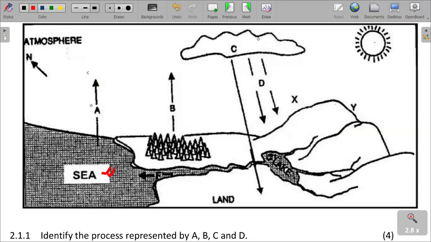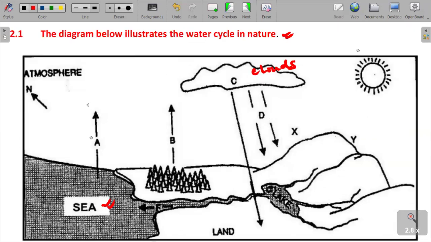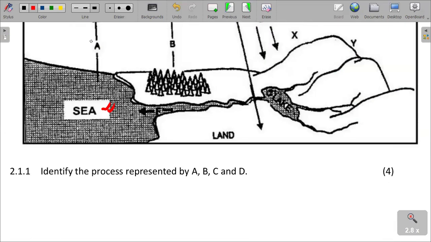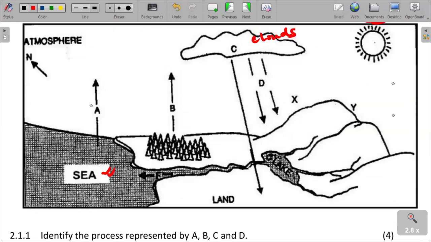We have clouds releasing water onto the ground. X and Y are also shown, and we have the sun. The question says: identify the processes represented by A, B, C, and D.